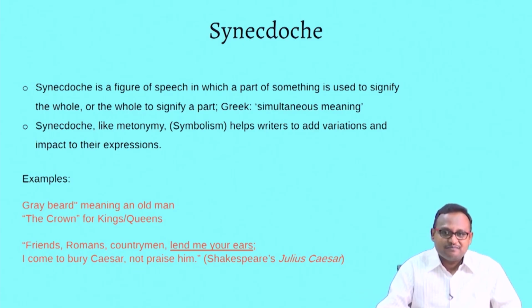Let us say, for instance, in the previous example we gave head count, right. So head is a part of a human being. When we use head count, what we mean is count the number of people involved. So therefore head count is a better example of synecdoche, where the head, a part of a human being, stands for the entire human being, right.